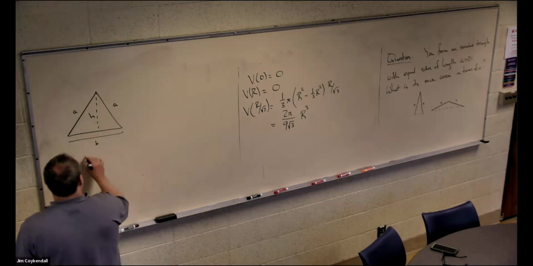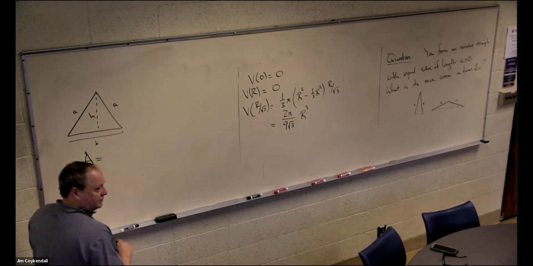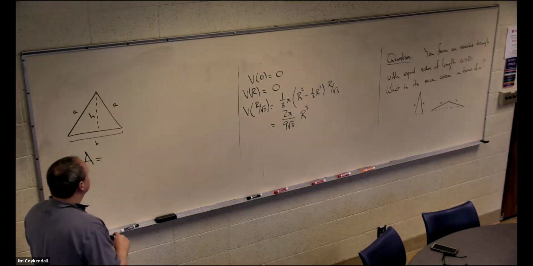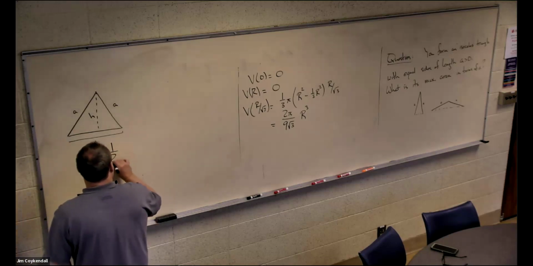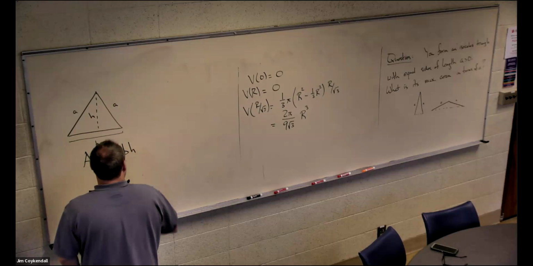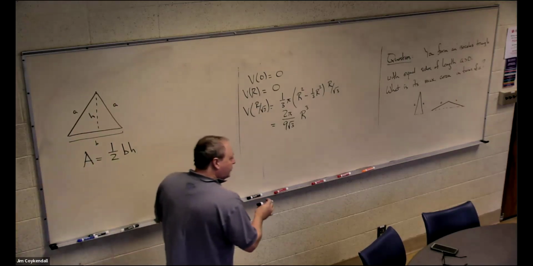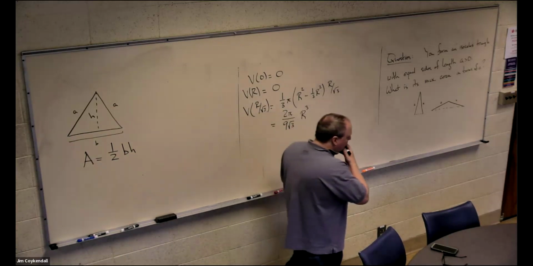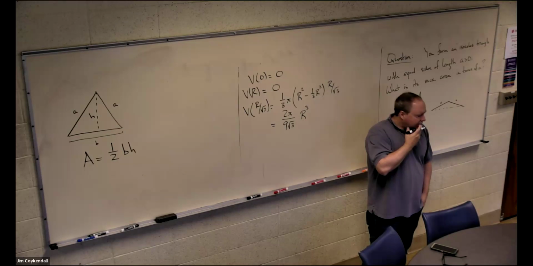Right? Area of this triangle. Somebody give me a pointer for the area of this triangle. Good. 1/2 BH. There we go. That's what we're trying to make as big as possible. What's my problem? Too many variables, so I need to get rid of one of them.